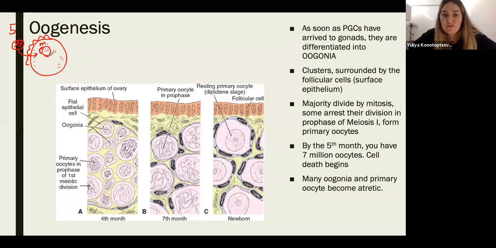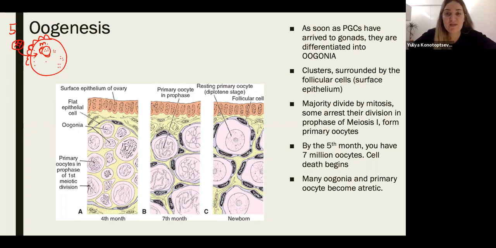And where did these follicular cells come from? They came from the surface epithelium. Simultaneously as you're forming the clusters, some cells from the surface epithelium of the gonad detach, migrate into the gonad, and start to surround the clusters. So outside of the clusters of PGCs, you have follicular cells.